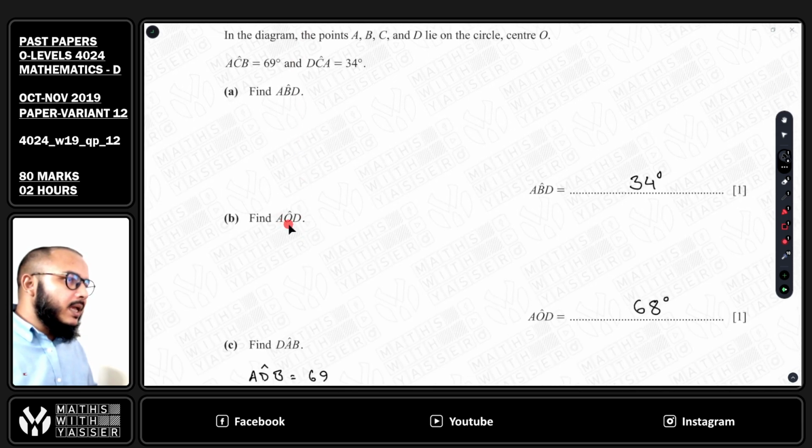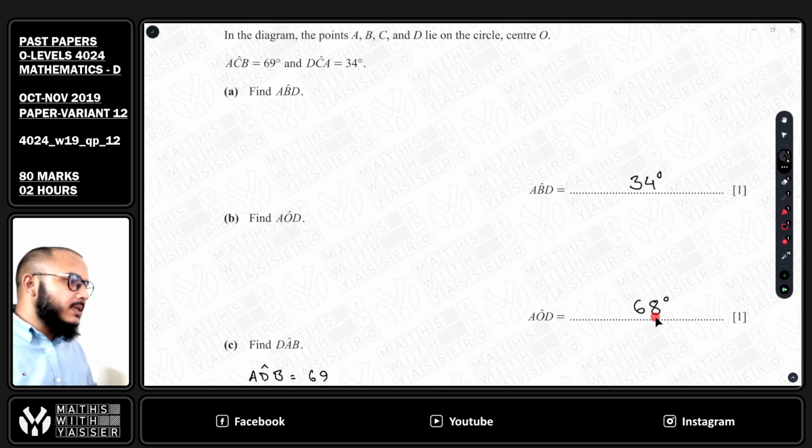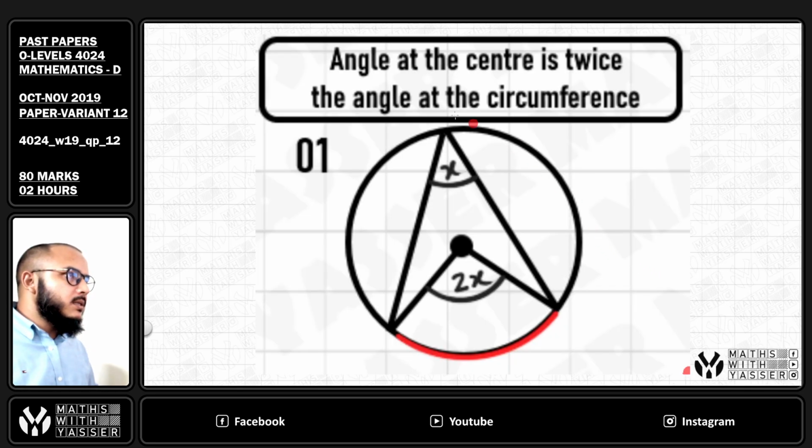Therefore, angle AOD will be twice the angle 34, which is 68. And this is the rule I was talking about. Angle at the center is twice the angle at the circumference. So the angle at the circumference, subtended by the same arc, and the angle at the center, again subtended by the same arc, will be double the angle at the circumference.